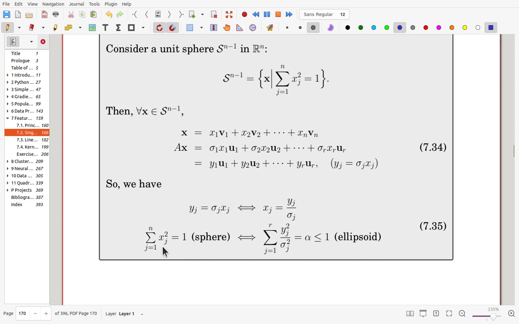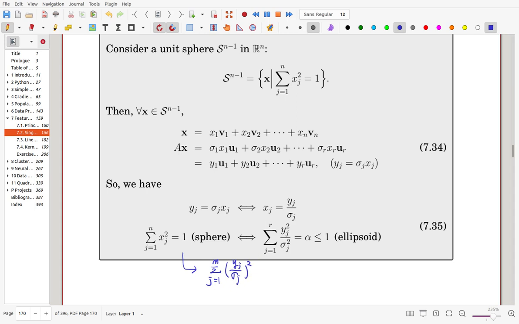The sum of xj squared is 1, so rather than xj we use yj over sigma j, and the sum over j from 1 to n of yj over sigma j squared must be 1.